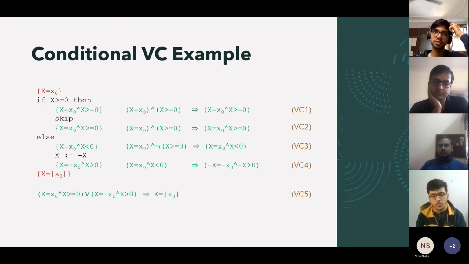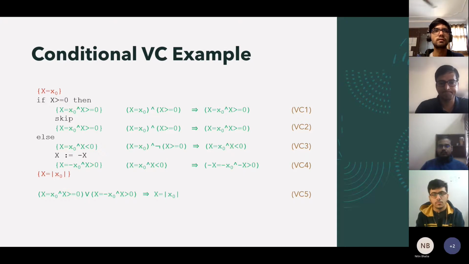For the first condition, we will have x equal x naught, which is the precondition, and x greater than equal to 0, which is the condition for the if. If these two hold, then x equal x naught and x greater than equal to 0 holds, and this holds trivially. Then the second verification condition also holds, since the middle part was a no op, and so it is similar to the first one.